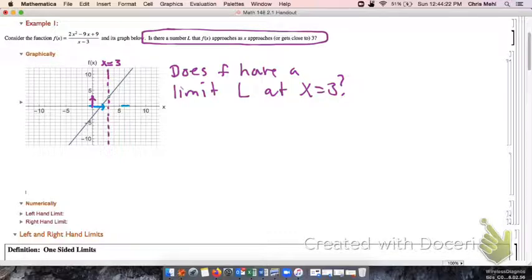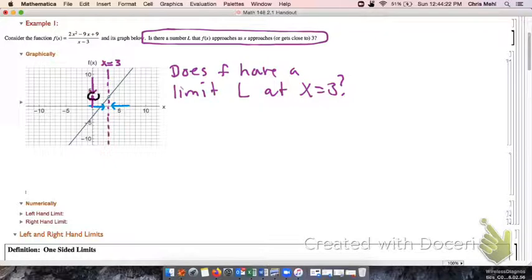Now if I approach 3 from the right, again, the function values, or the y-coordinates, have to approach the same value from both sides. Well, if you approach 3 from the right, notice what's happening to the y-coordinates. They're approaching the y-coordinate of positive 3.